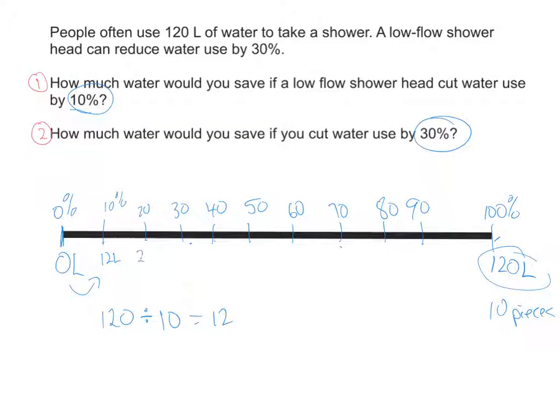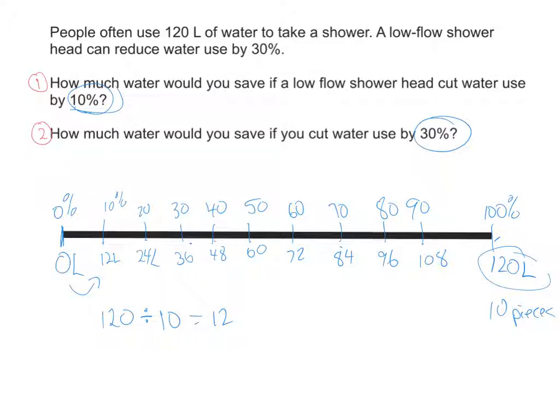If I cut by 20%, it's up by another 12, which is 24, 36, 48, 60, 72, 84, 96, 108, 120. So here are the two things I need to check.